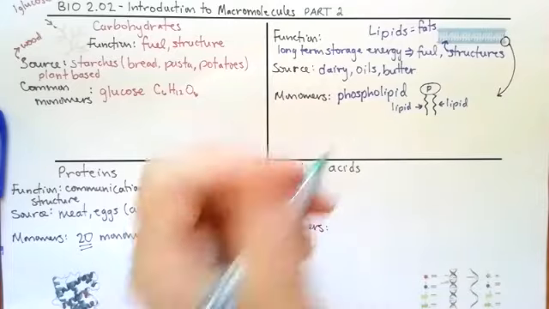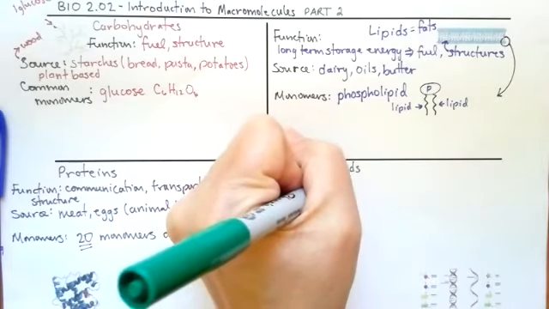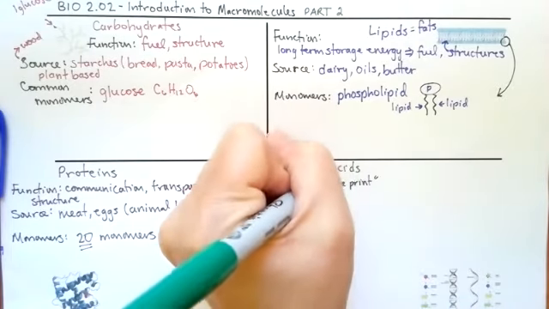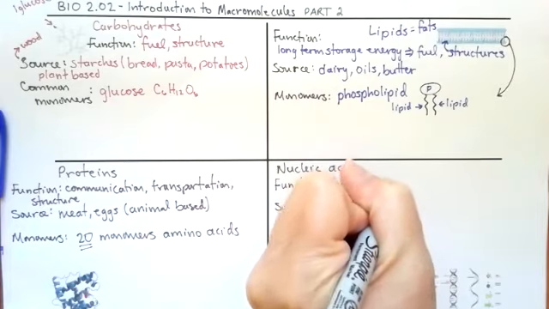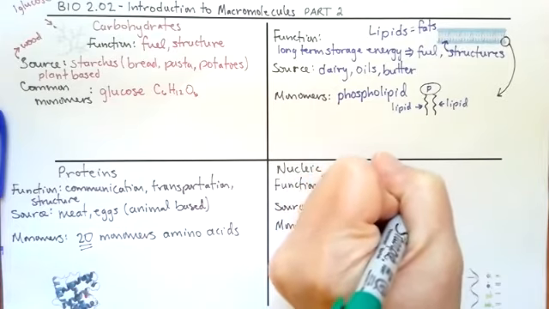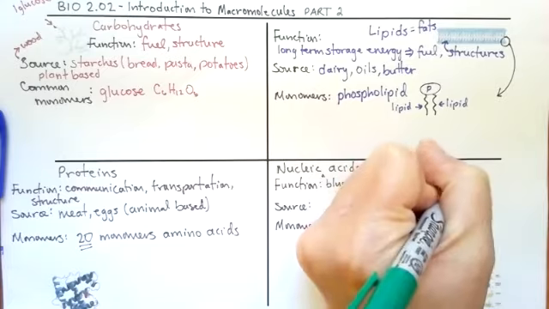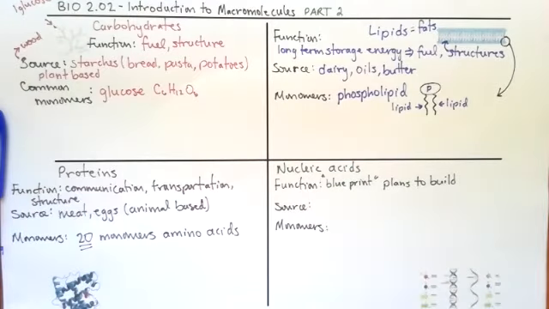So the function for nucleic acids is they have the blueprint, or the plans, to build. Build what, you say? Anything. Usually proteins. So usually proteins are being built based on the nucleic acids. But at some point too, they also have the plan to create new cells or repair cells.